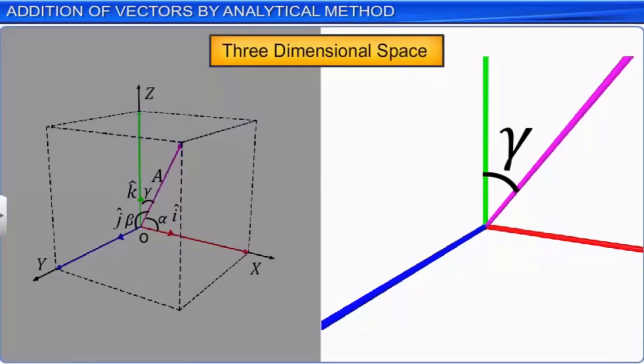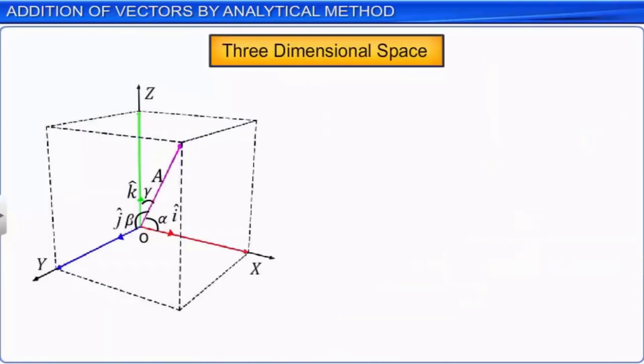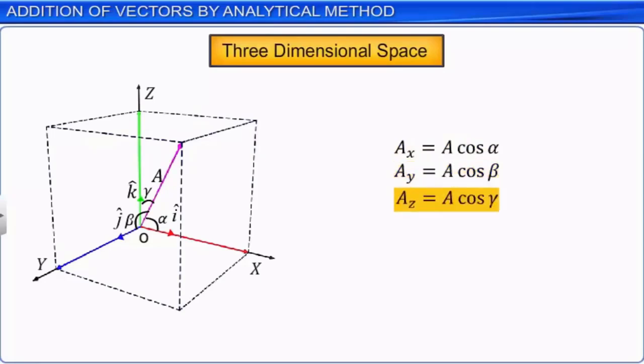In this case, its three components along x, y, and z direction can be written as ax is equal to a cos alpha, ay is equal to a cos beta, and az is equal to a cos gamma. Here, A is equal to ax plus ay plus az, which can be written as ax i plus ay j plus az k.